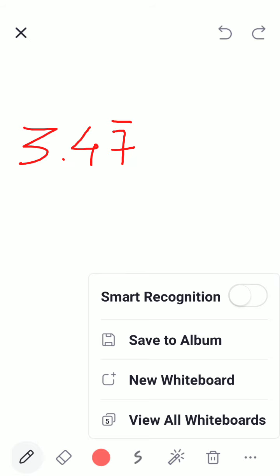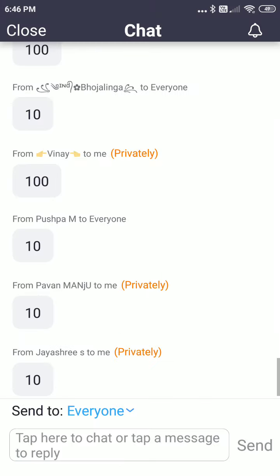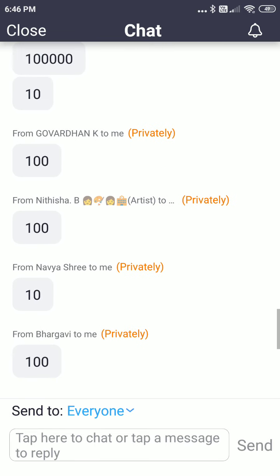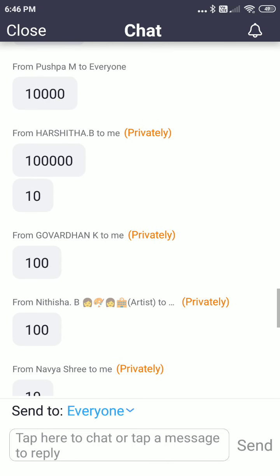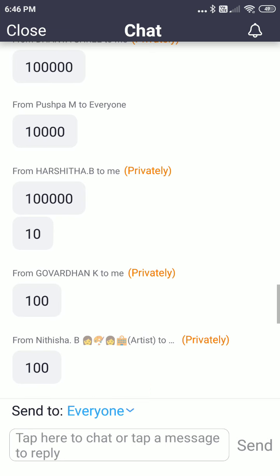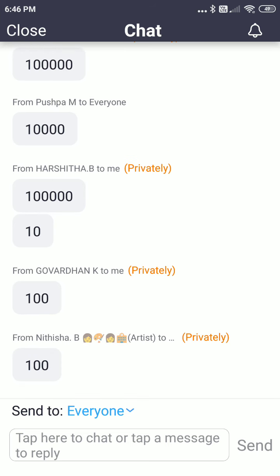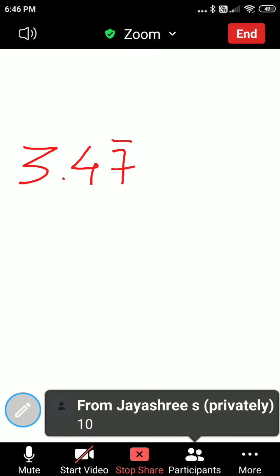Let me see who's first. Govardhan, what did you write? Okay, Harshita gets one. She wrote first and she wrote correct also. 10.